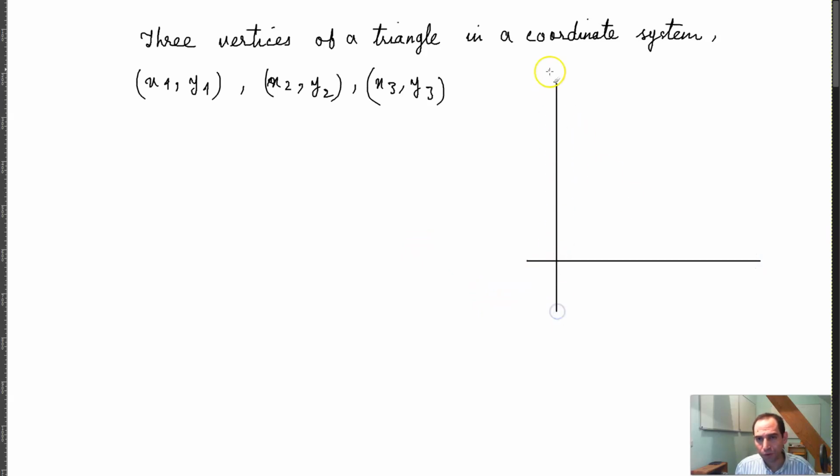Meaning that if the coordinate system is something like this, you can locate these points. For example, let's call this point A, this point B, and this point C. I put A over here, B over here, and C somewhere over here.